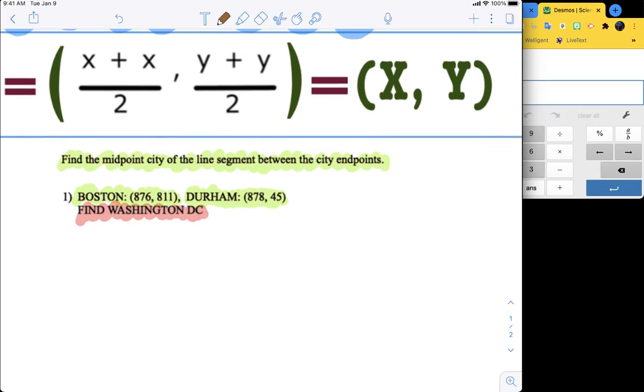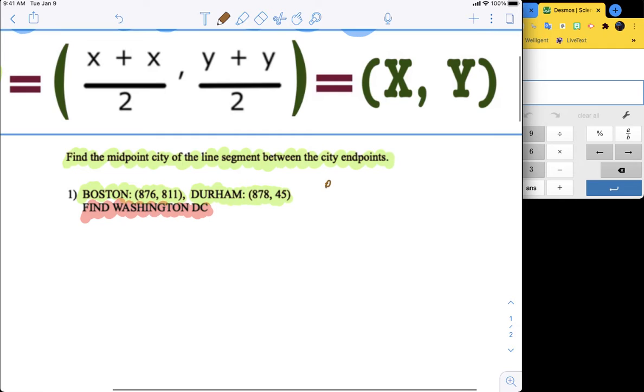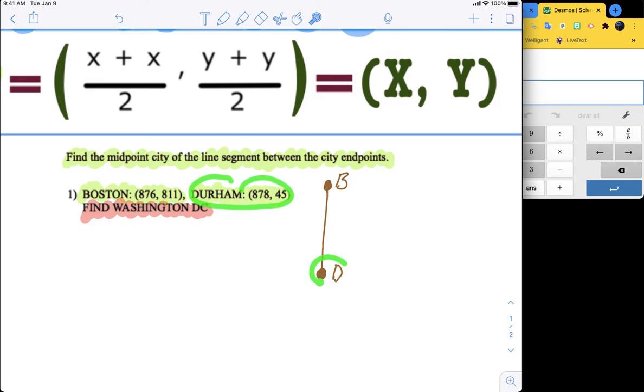Where is Washington, D.C.? Imagine the cities run along the East Coast. Imagine Boston is here, and there's a segment that goes down to Durham. We know those two coordinates. We know where Boston is located and where Durham is located. So what we need to do is find where Washington is.